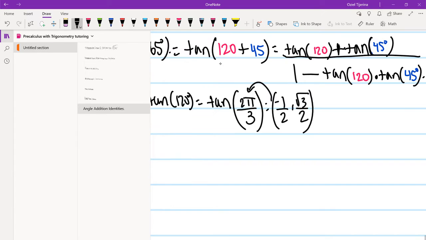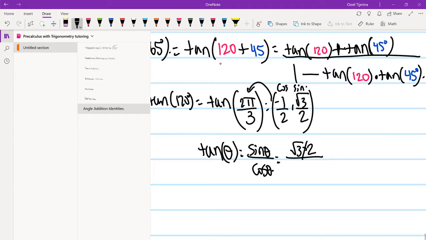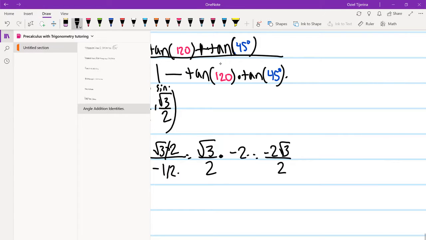If you know from trig identities that tangent of theta equals sine of theta over cosine of theta, this is cosine, this is sine, so then you're going to have the square root of 3 over 2 over negative 1/2, so it's the square root of 3 over 2 times negative 2, so you're going to have negative 2 square root 3 over 2, which is negative square root 3.